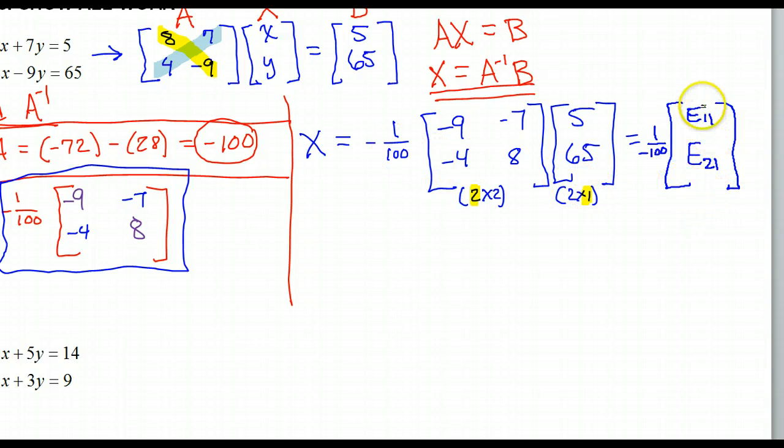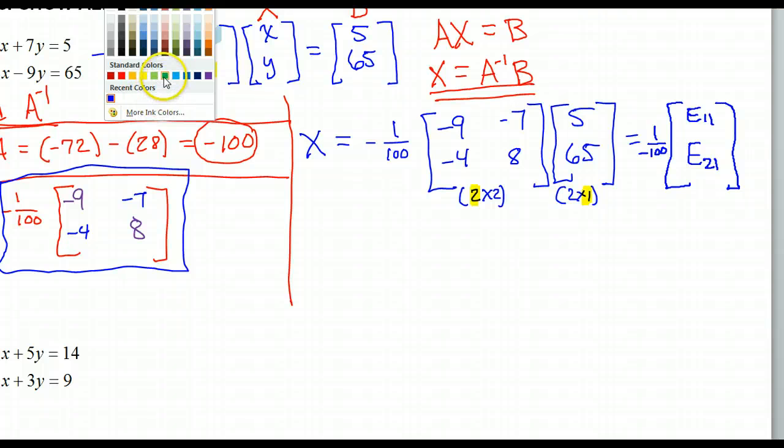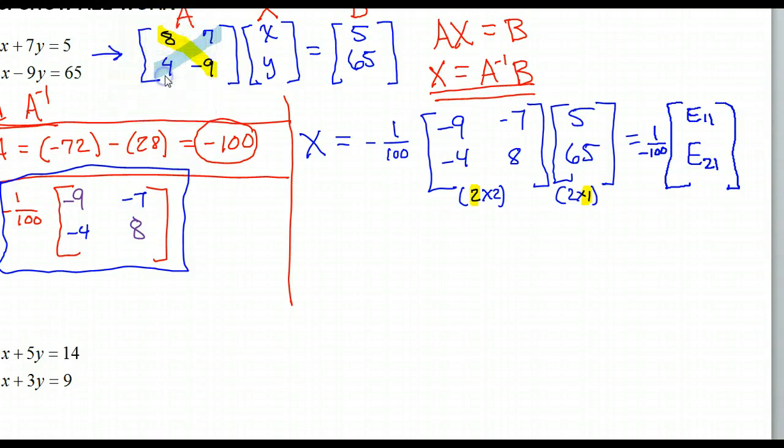Okay, so all we need to do is find these elements. I'll change to another color. Let's do green. Element 1, 1 is the first row times the 1 column.